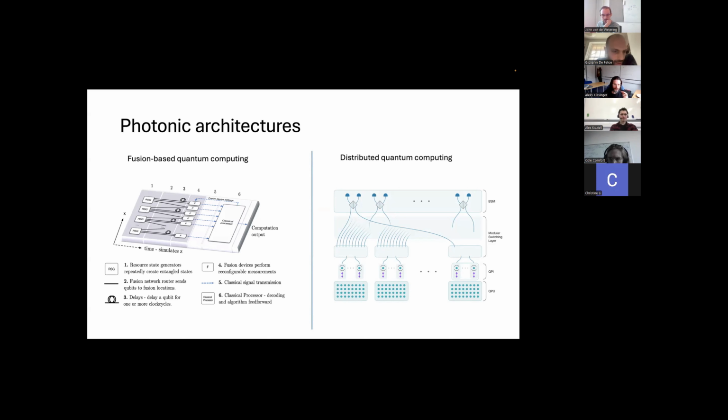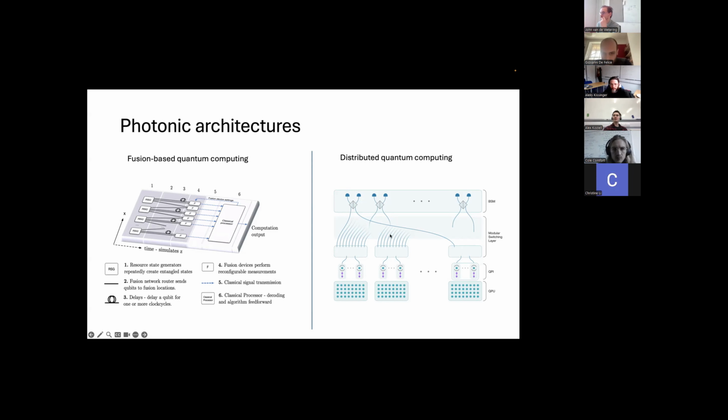In both, we have some kind of resource state generation happening. Some photons are generated, and then they are put into some entangling measurements. And there's some routing going on, some delays.